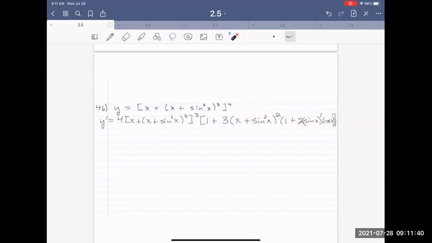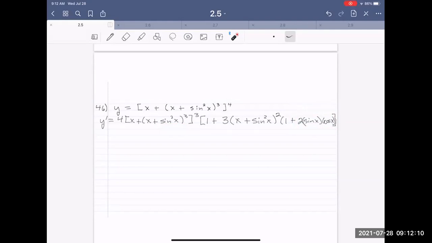Rewrite this, that's the power of 1, to the power 1 times the derivative of what's inside. So the derivative of what's inside is cosine. So this is the derivative of this term.